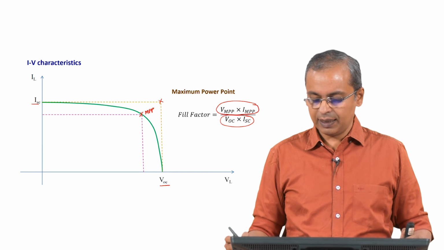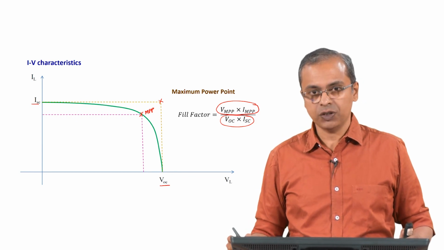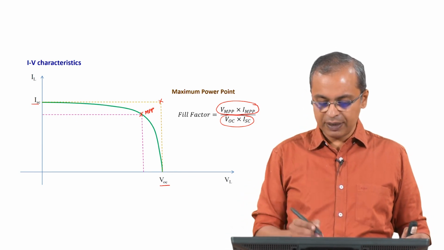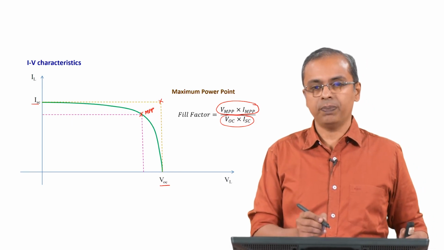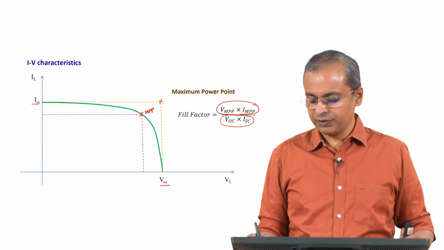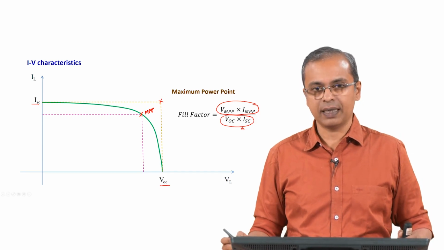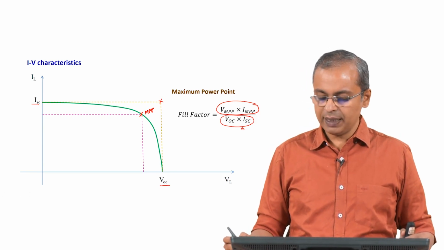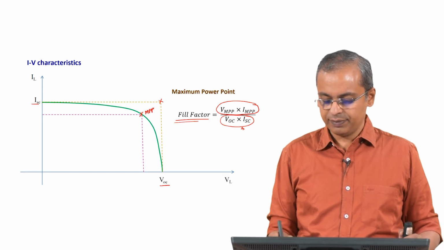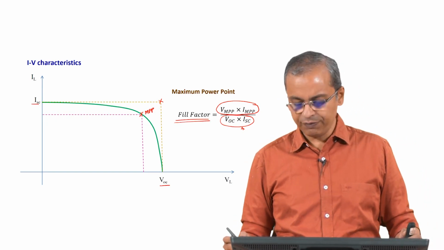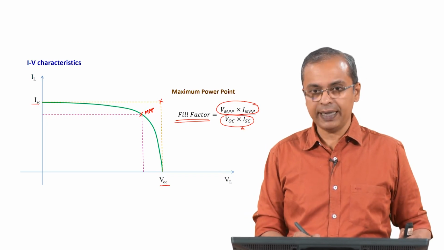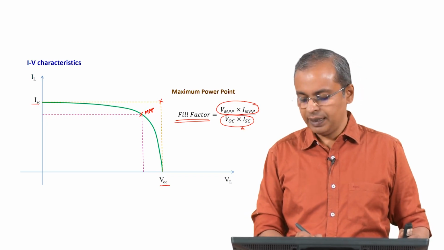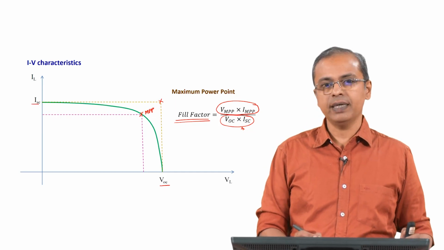If you take the ratio of the maximum power that you will get from this cell in the actual operational condition versus the theoretical limit that you can consider for it, we refer to that as the fill factor. Okay, so the fill factor is simply the ratio of V_MPP times I_MPP to the product of V_OC times I_SC, the short circuit current.